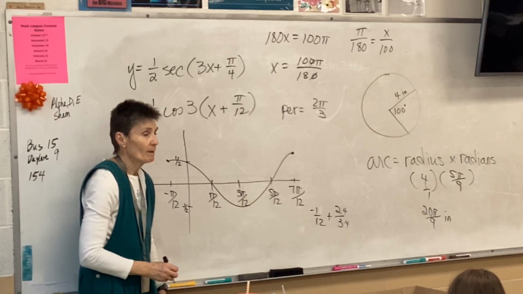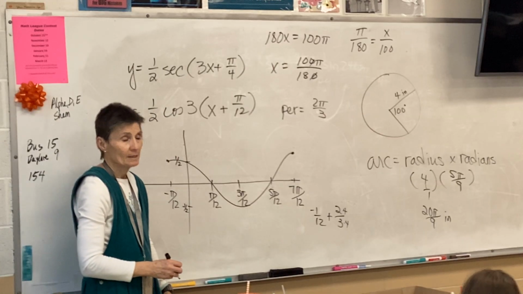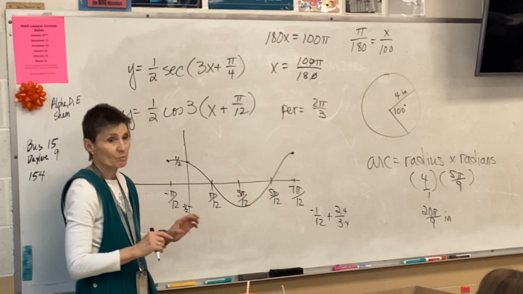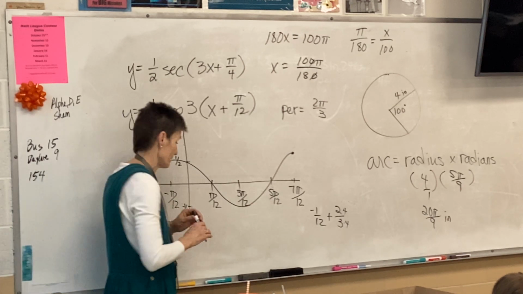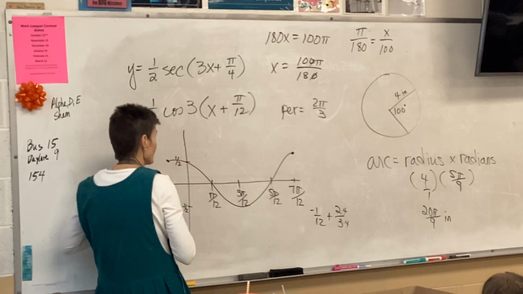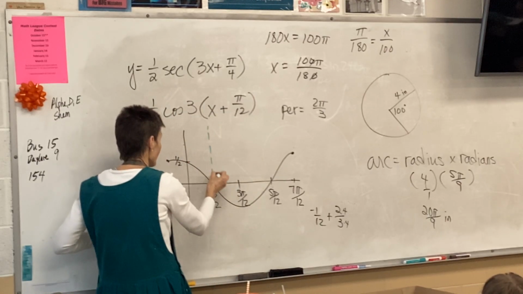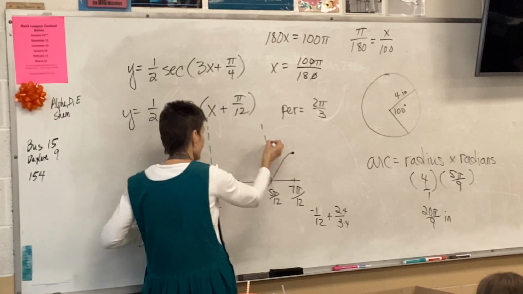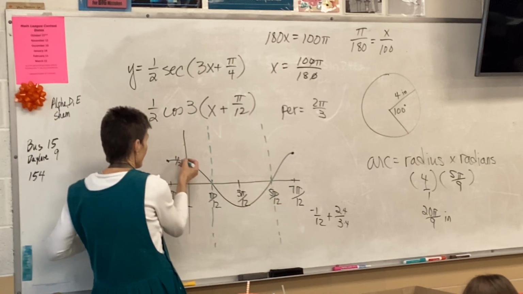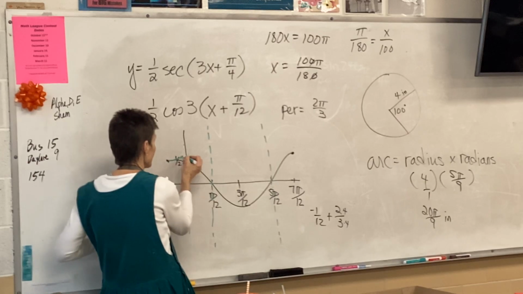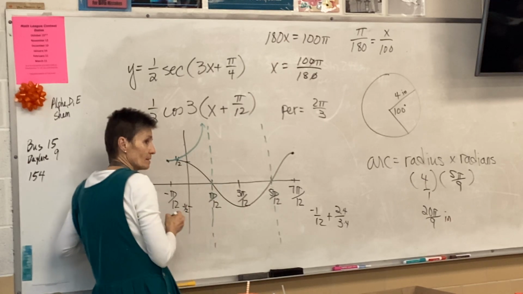All right, Hayden, you keep up with all that? Now, I'm not done though, because remember, the original problem was a secant. So I need to put in my asymptotes where I cross the x-axis, and then I start flipping. So this one is a half and upwards.